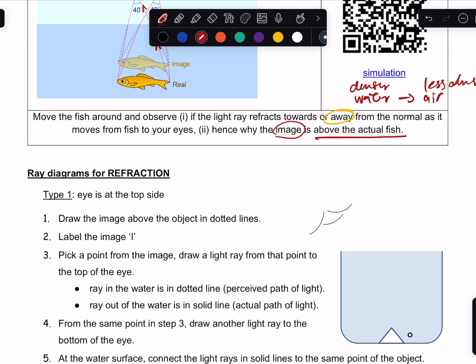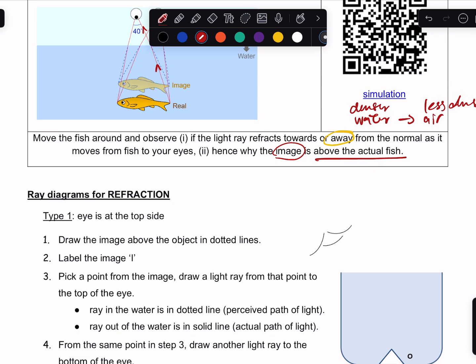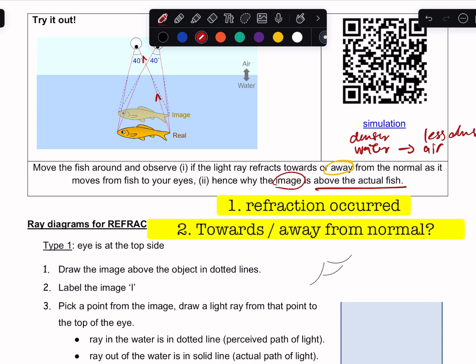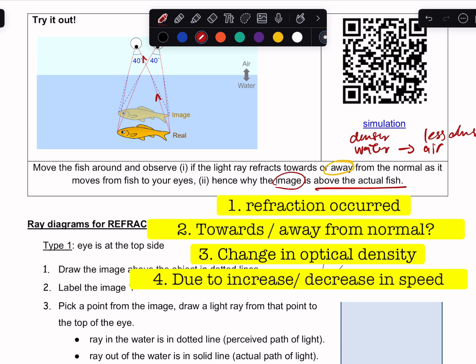So that's how we explain our answers in the exam. When they ask you the question, first you state that refraction is occurring. The light ray refracts towards or away from the normal because it's traveling from, is it optically denser or less dense? Then does it bend towards or away from the normal? Hence the observation.